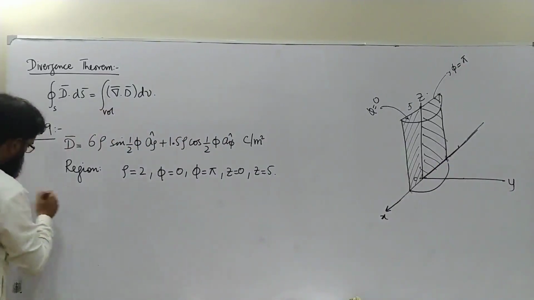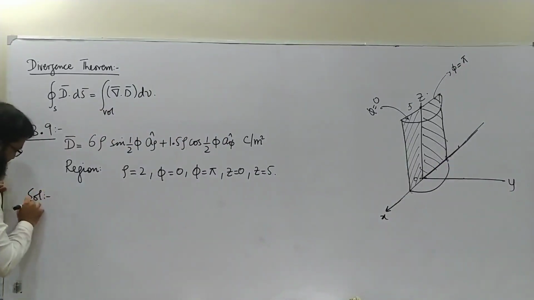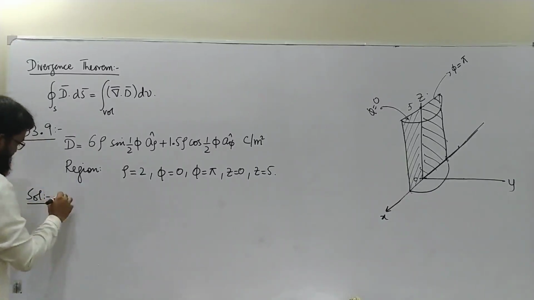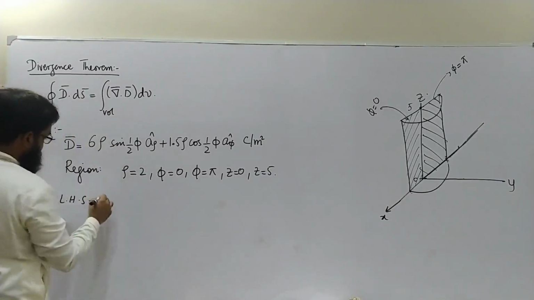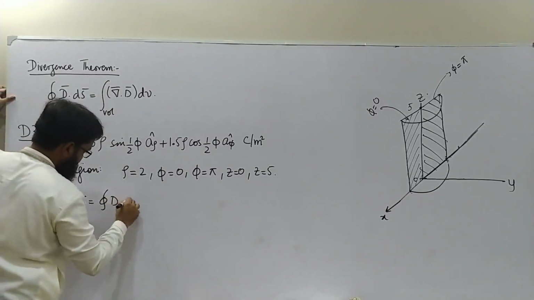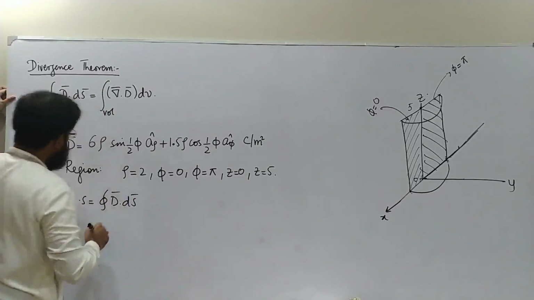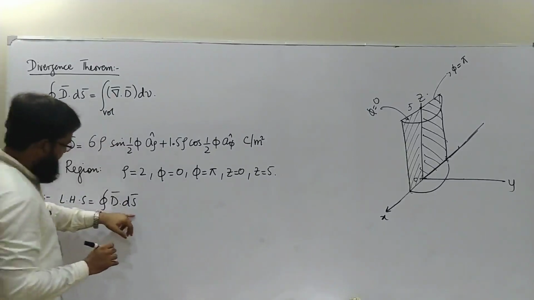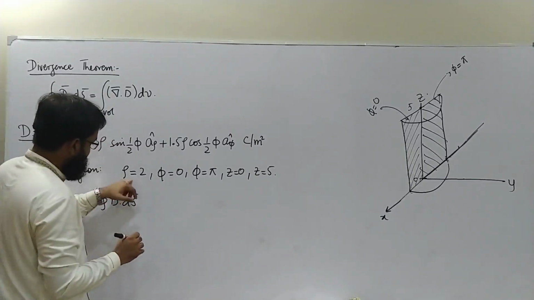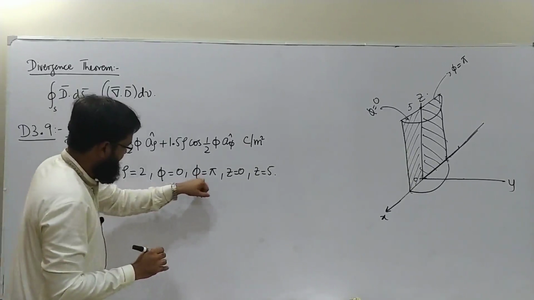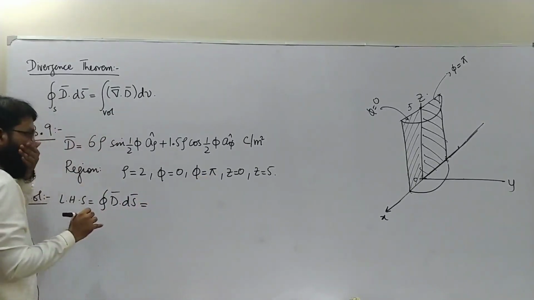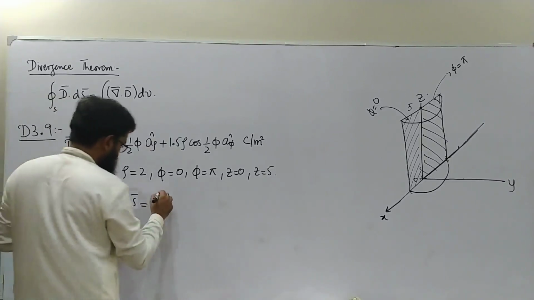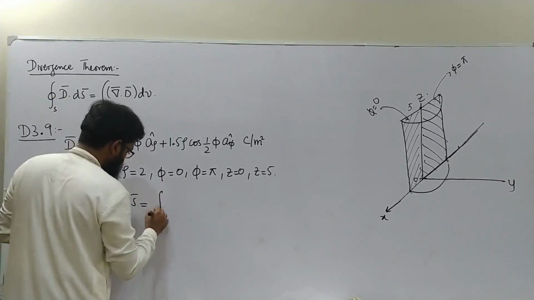So once we have defined this, the left hand side of this divergence theorem is this. Definitely ds for this surface is different, for this is different, for this is different, so we will have to divide it into 5 surfaces.